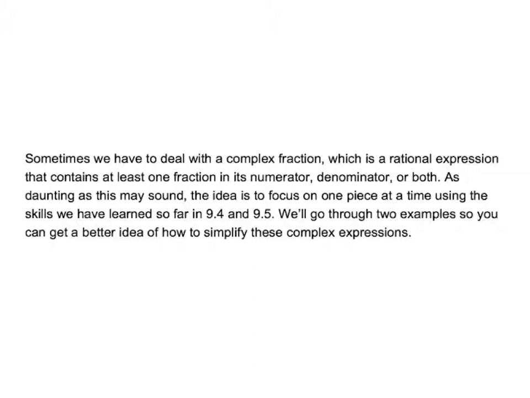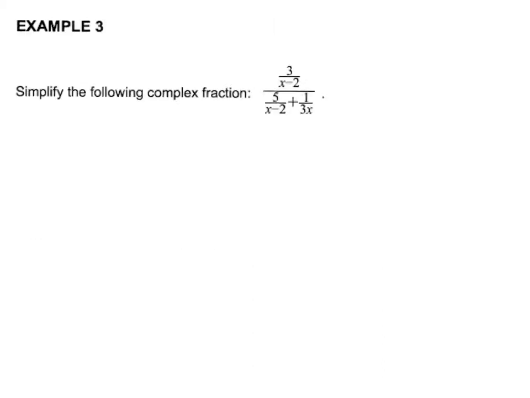So I have 2 examples for us to go through, and each of these examples will detail 2 different ways for simplifying these expressions. So for the first example I have for complex fractions, you can see already that not only do we have a fraction in the numerator, but we also are adding 2 rational expressions in the denominator.